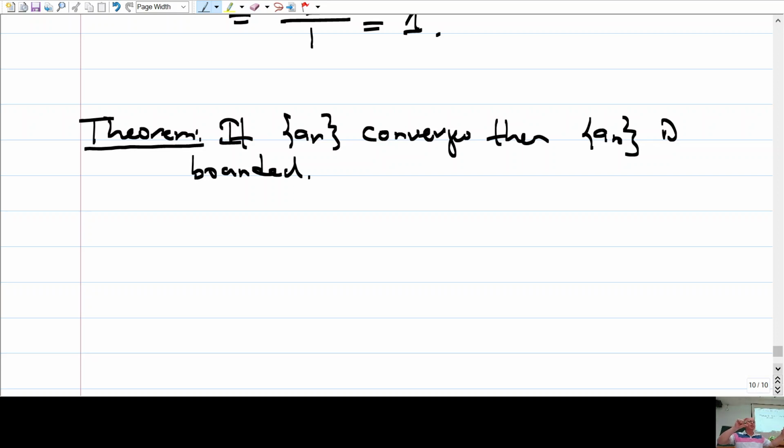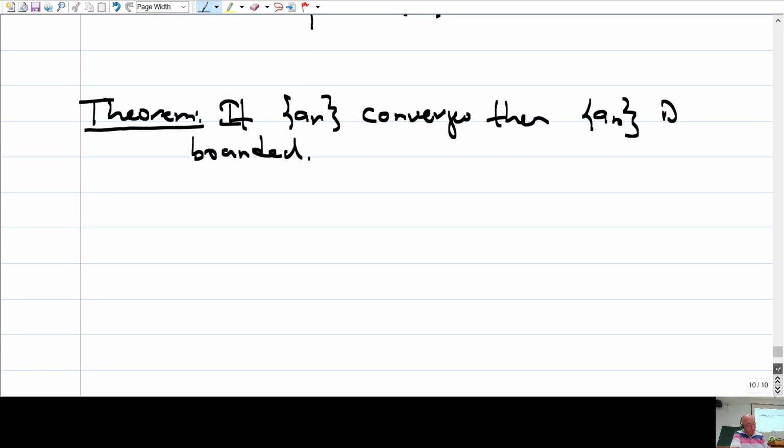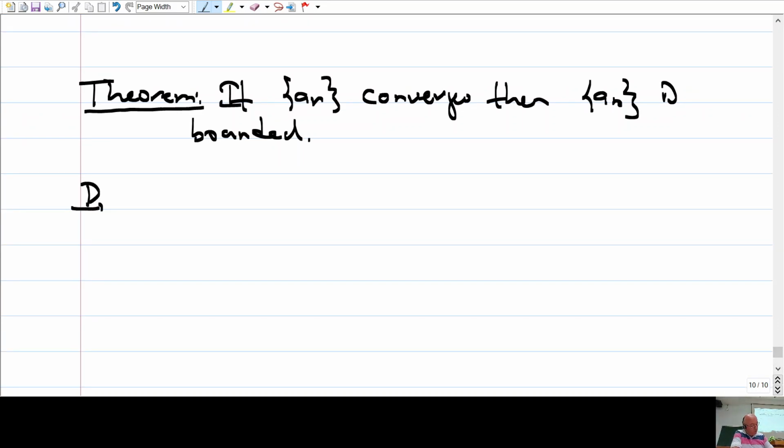You just look at the farthest away term, and then all the terms of the sequence will be in this interval plus those finitely many ones, but you can choose something bigger, and that will contain all of them. So that's the proof. But to make it more mathematical, let's write it down.